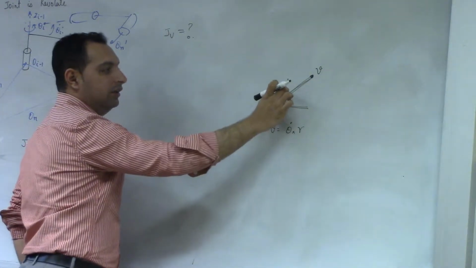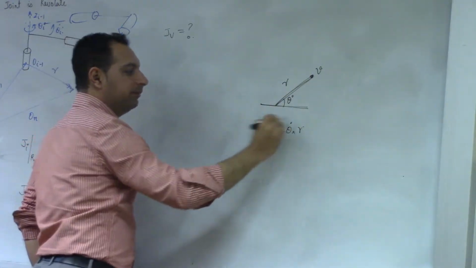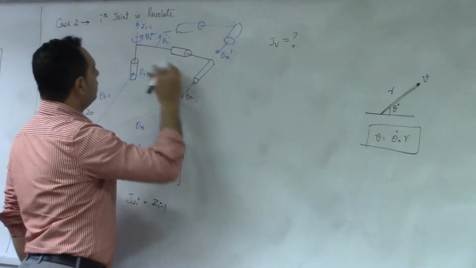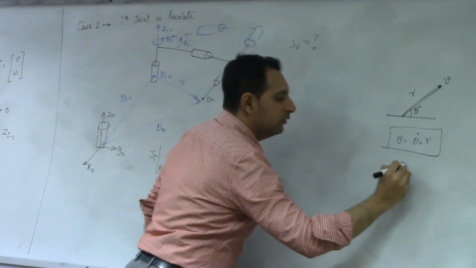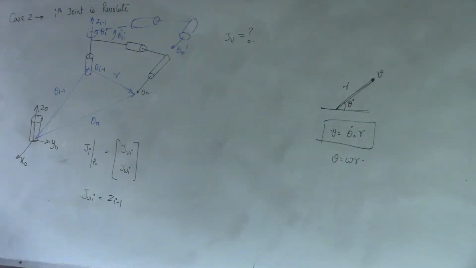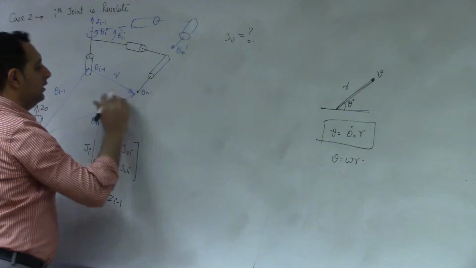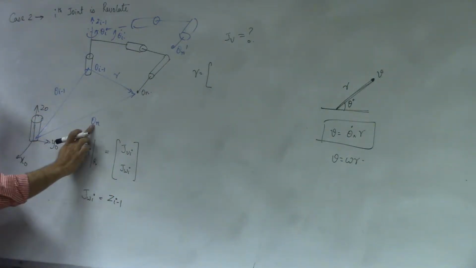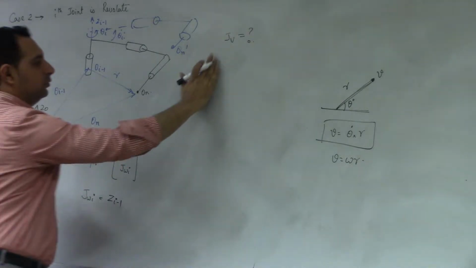The shorter R is, the slower the linear velocity. Okay, so in this case, theta dot we know, the angular motion, or I can write this as V is equal to omega R. Omega is theta dot. So in this case, we need to know R. R is nothing but this distance, which is ON minus OI minus 1.